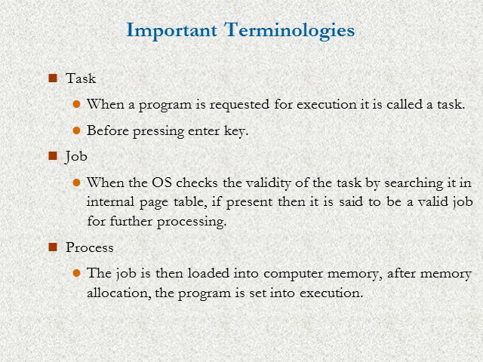So this process is the third important terminology. At this time a job is assigned all the resources that it is requesting. It is loaded onto the memory, and all the IO that it requests are allocated to it, and it is processed for further execution.